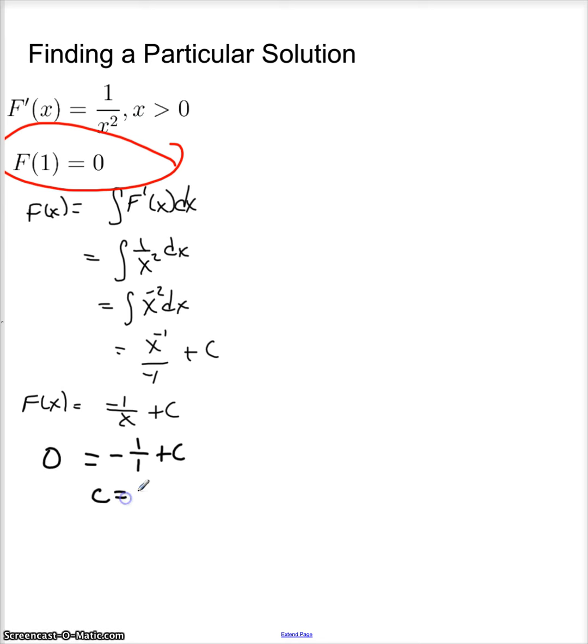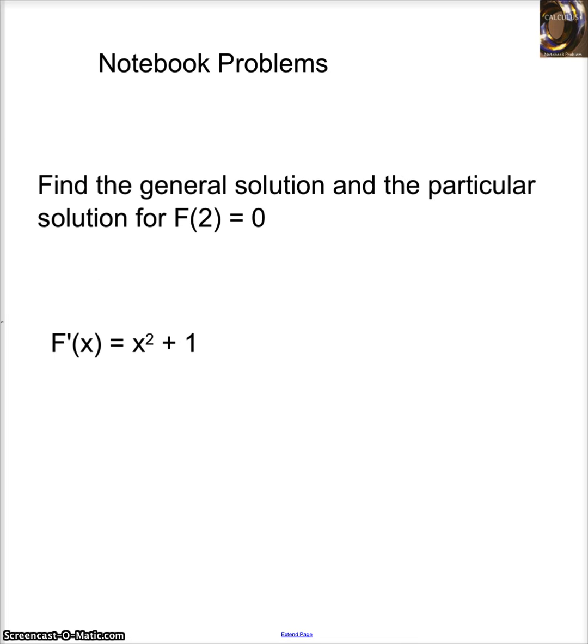So this tells me c is equal to 1. So my particular solution is f of x is equal to minus 1 over x plus 1 for x that is positive. Now, go to your notebook, see if you can solve this problem, and come back.